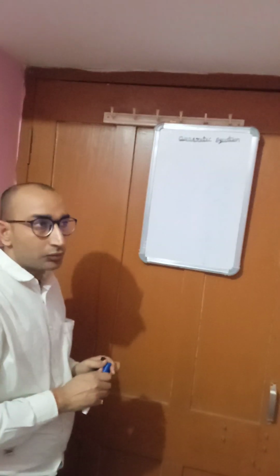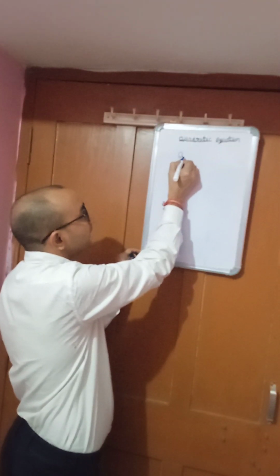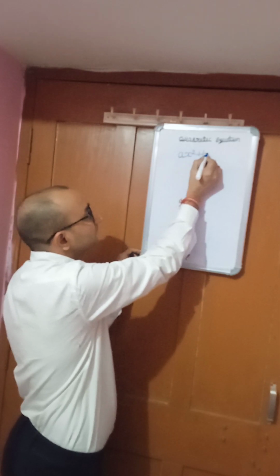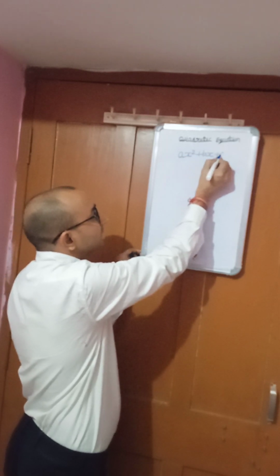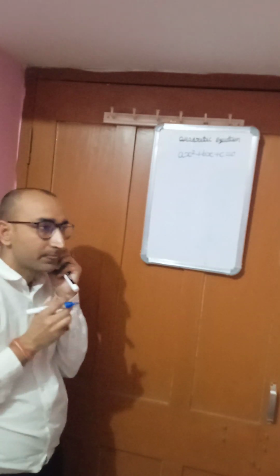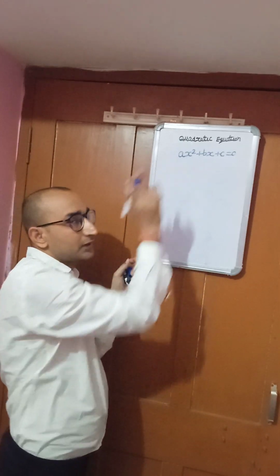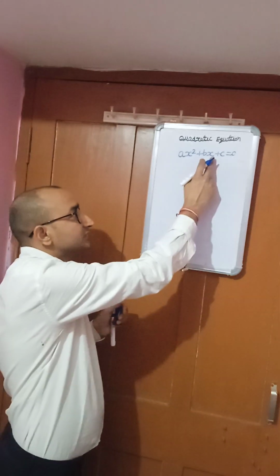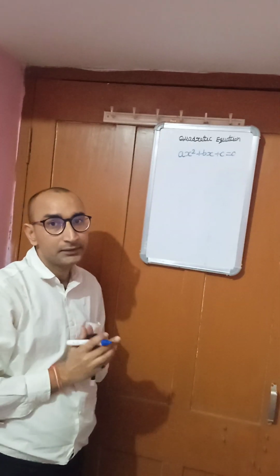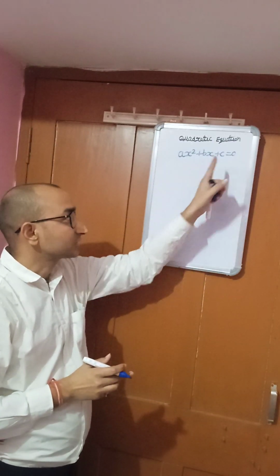Means if any equation is given, ax square plus bx plus c equals to 0, and if they say find the sign of x square, find the sign of x, find the sign of c, how can we find the sign of x square, sign of x or sign of c here?